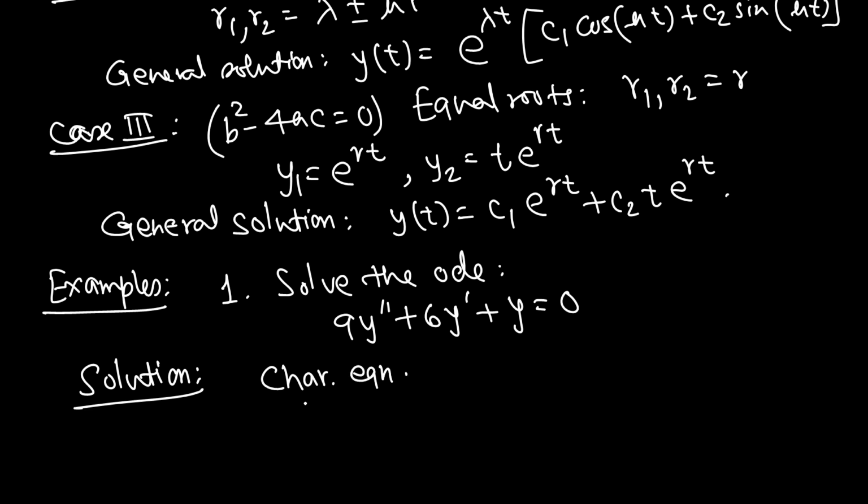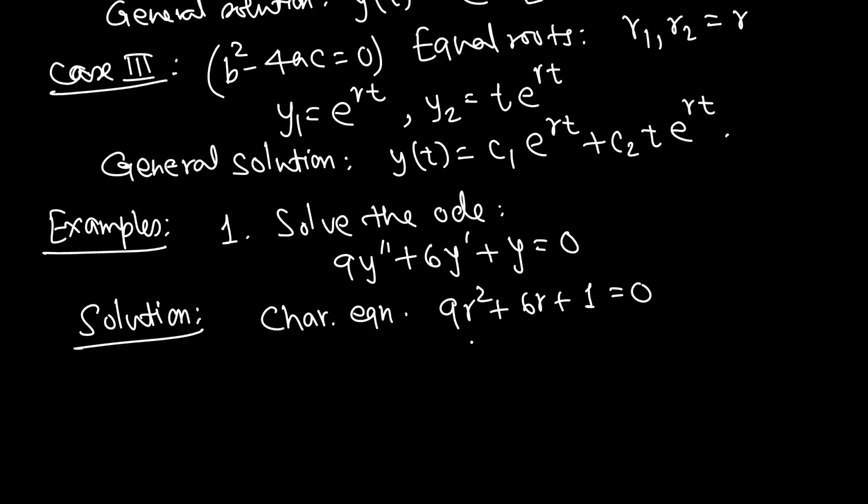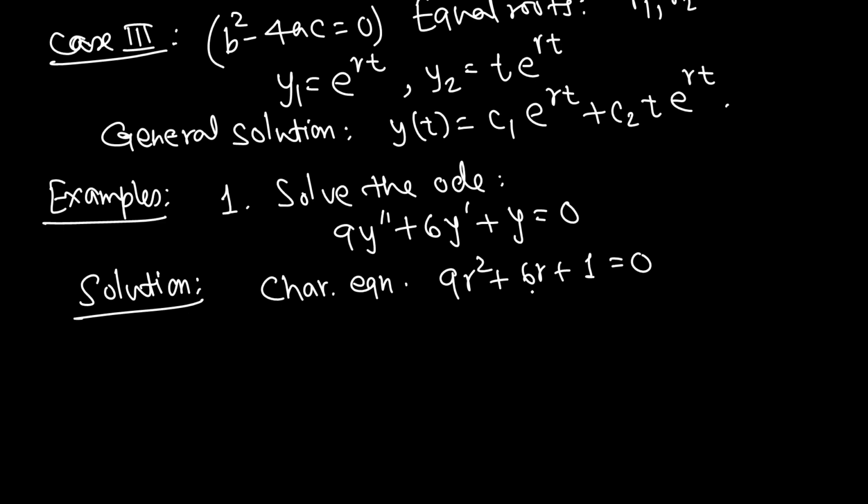I'm using shorthand notation: the characteristic equation is ar squared plus br plus c equals 0. A is 9, so 9r squared plus 6r plus 1 equals 0. Let's solve. We might have to use the quadratic formula, but it looks like it can be factored.